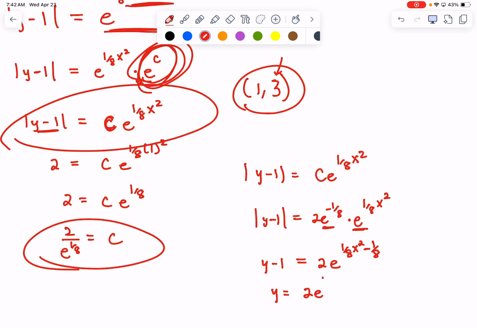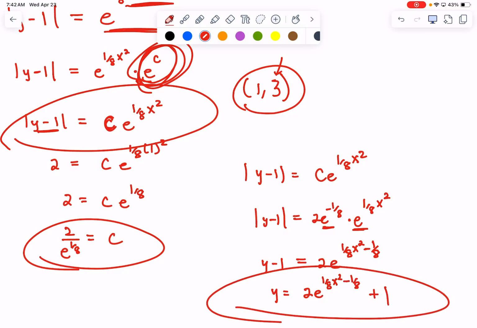So it'd be 2e to the 1/8 x squared minus 1/8 plus 1. That's your y equation. And here's how you check it to know you got it right. Kristen could go through and say, okay, I think this is my y equation. She should be able to plug in 1 and it equals 3. It should work with that point that you have when you're done.